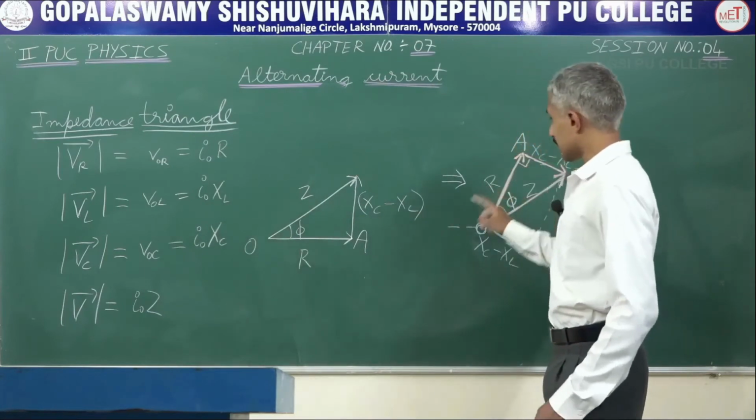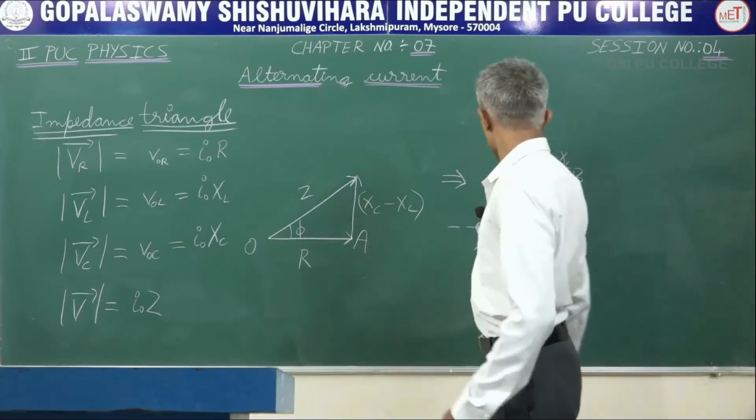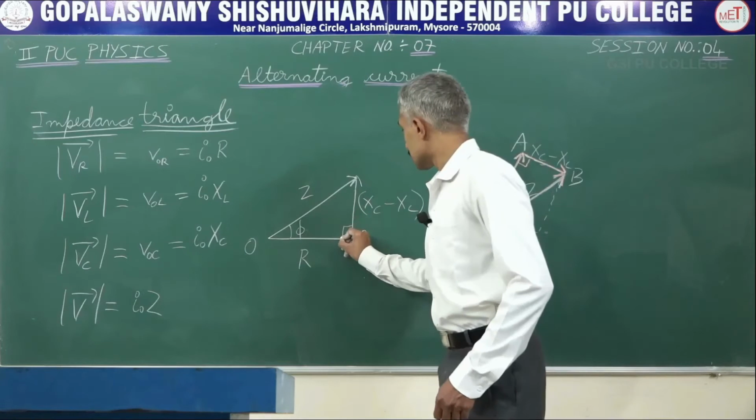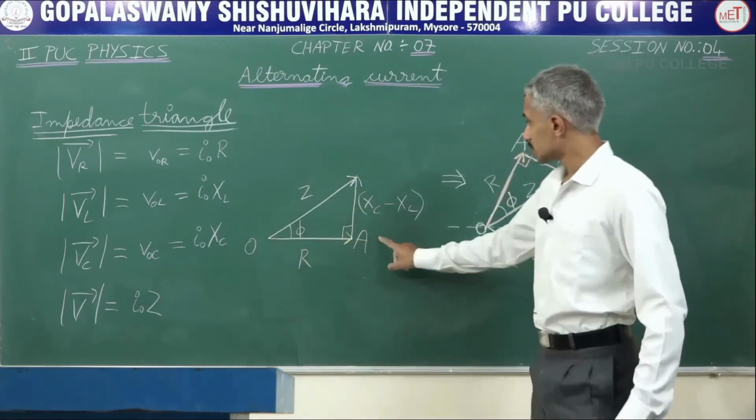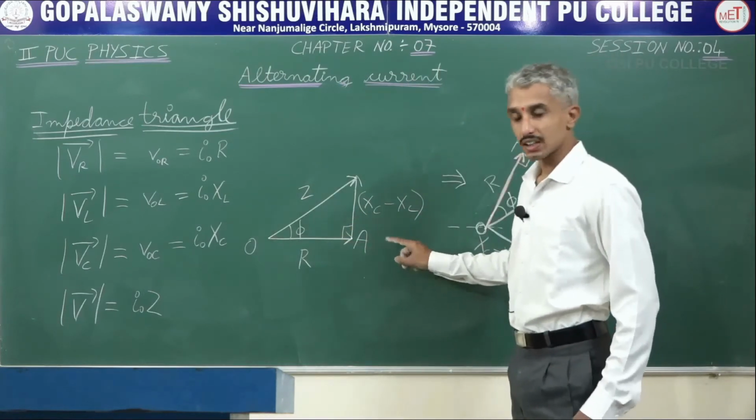The angle between the impedance and the resistance gives us phi. This would be 90 degree. Now this is called the impedance triangle.